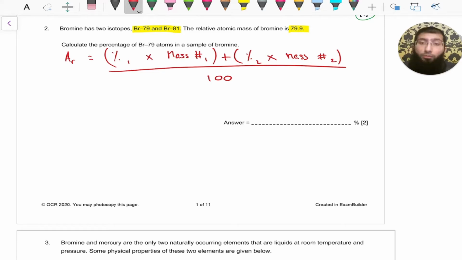What do we have? We're told that the relative atomic mass is 79.9. So I'm going to sub 79.9 for AR. Now, if we look at the formula, we've got percentage of isotope number 1. We are not given the percentages of either. So if we do not know the numerical value for the percentage, let's use algebra.